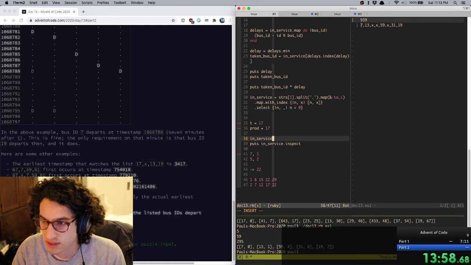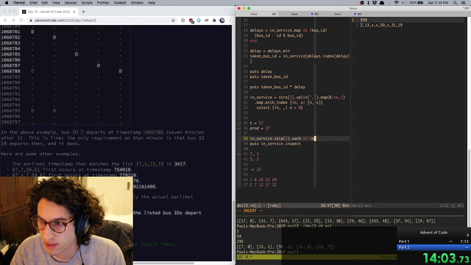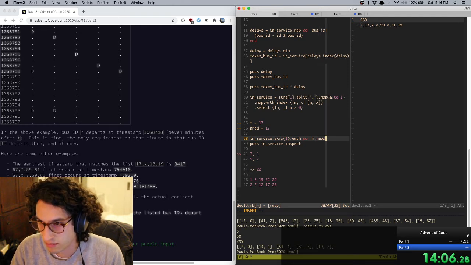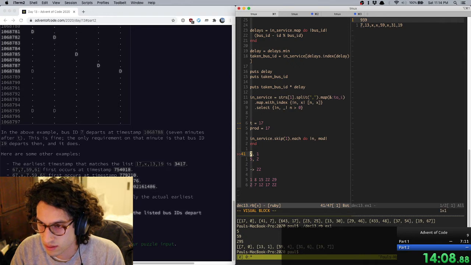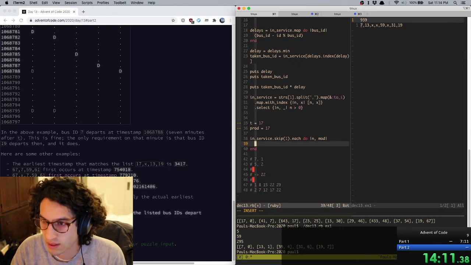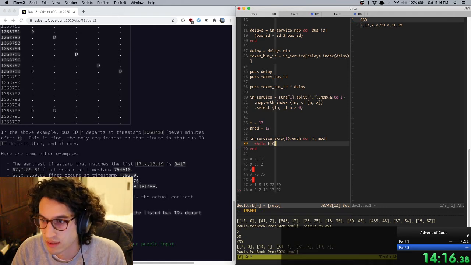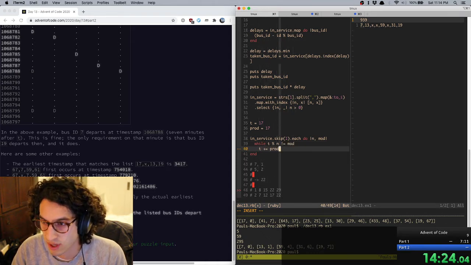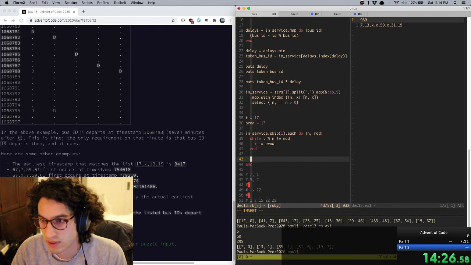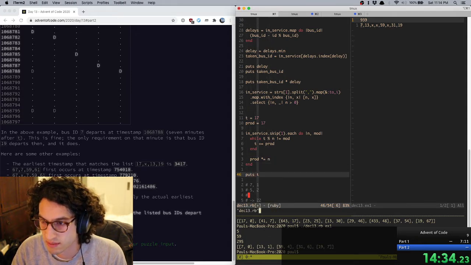In service dot skip 1 dot each do n, while t mod n not equal offset, t plus equal prod. Prod times equals n. Puts t.